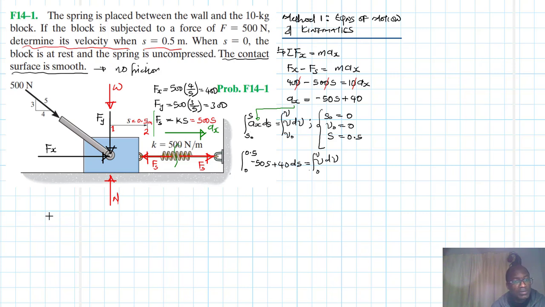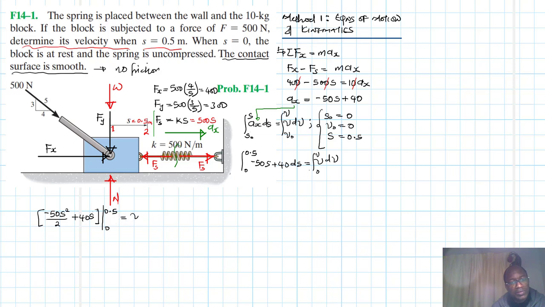And then what we have is minus 50 s squared divided by 2 plus 40 s, evaluated from 0 to 0.5, right?